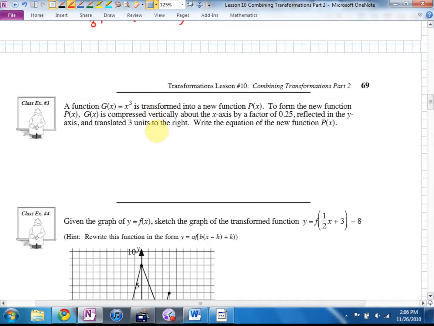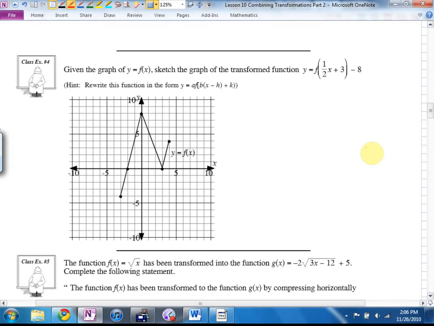Example 4. This is where we're going to run into the first problem. Okay? And the first problem is this. What's the correct order? What did I say? What do you do first? Expansions, then? Reflections, then? Slides.